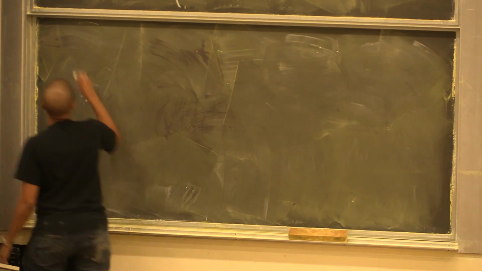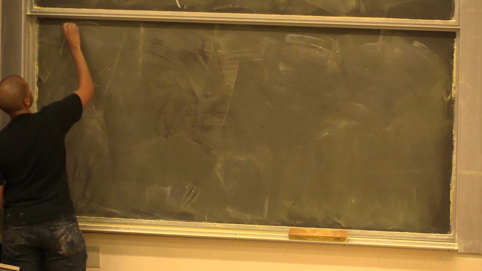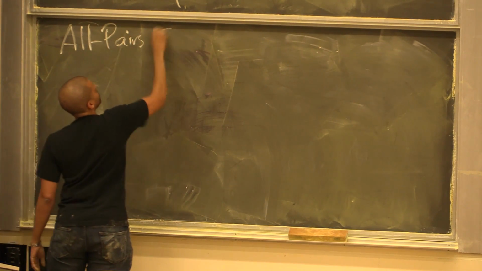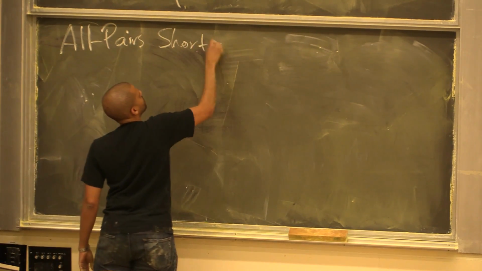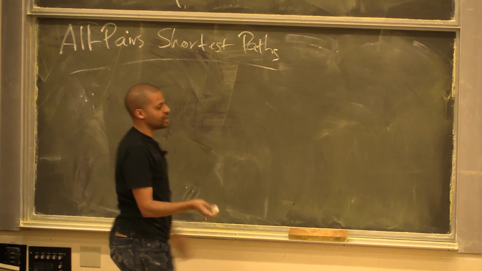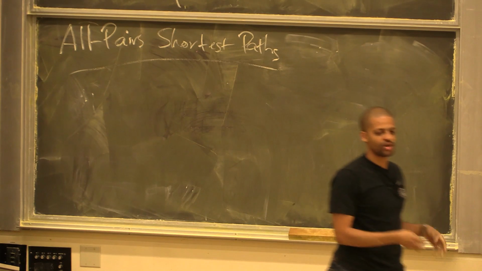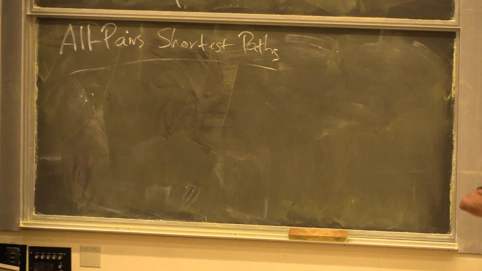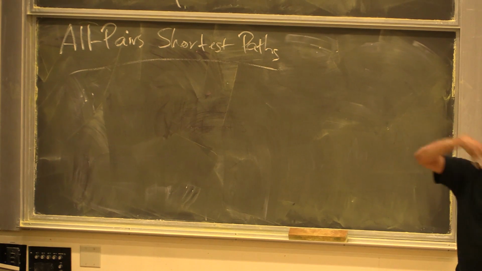Another way to do shortest path, let's say all pair shortest paths. So in Bellman-Ford, in shortest path in a DAG and Dijkstra, there's always like a source vertex S, and I want to know how to get from S to everywhere else as fast as possible. Suppose I want to know all pairs.